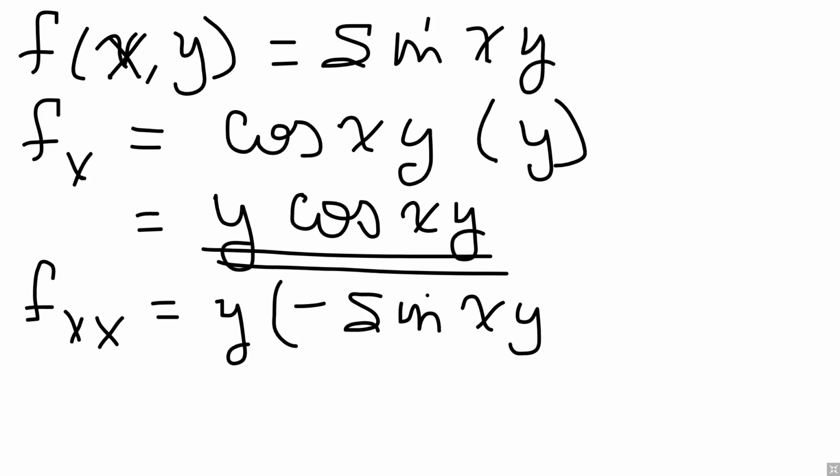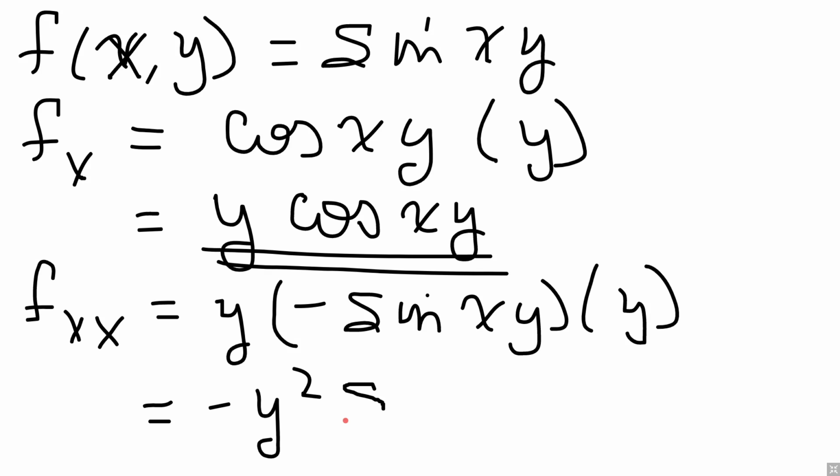Keep the angle times the derivative of the angle, which is going to be what? And keep in mind I'm taking it with respect to x. Y. It's going to be y. So we're going to end up with negative y squared times the sine of the angle xy. Any questions?